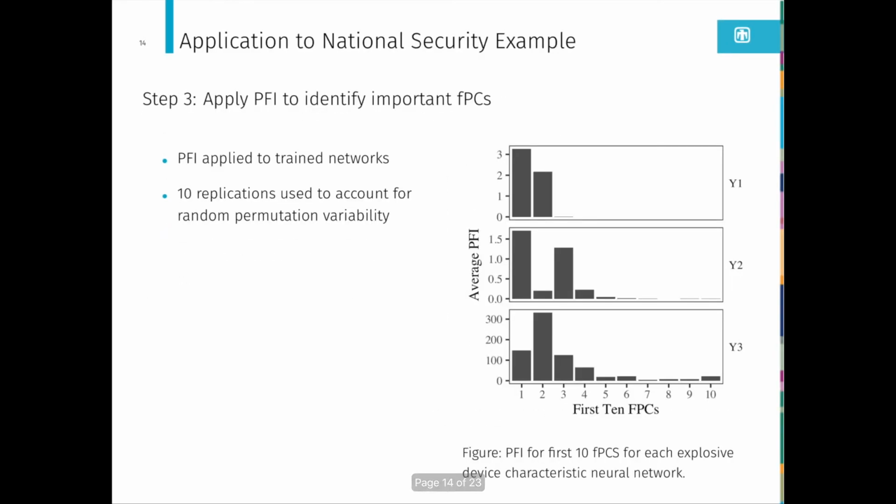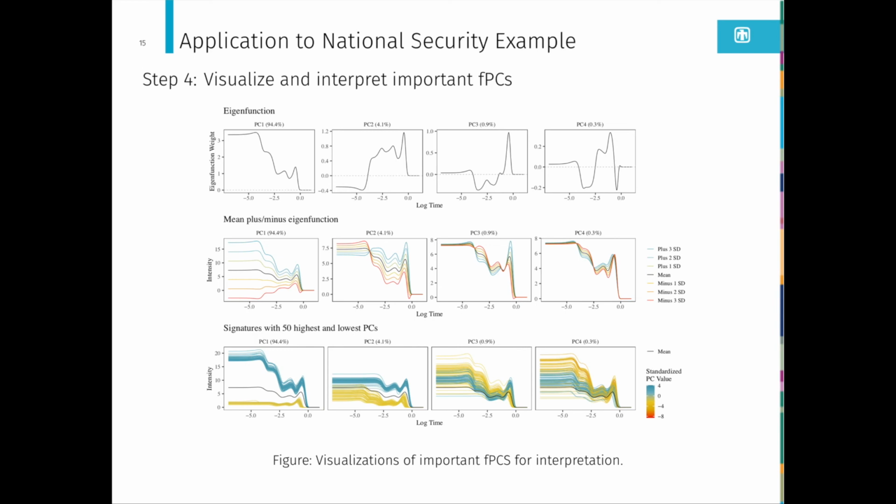Recall that PFI identified fPC1 as the most important variable and fPC2 as the second most important variable for predicting Y1. If we return to the visualizations of the fPCs, we just discussed how fPC1 captures a variability in intensity early on.